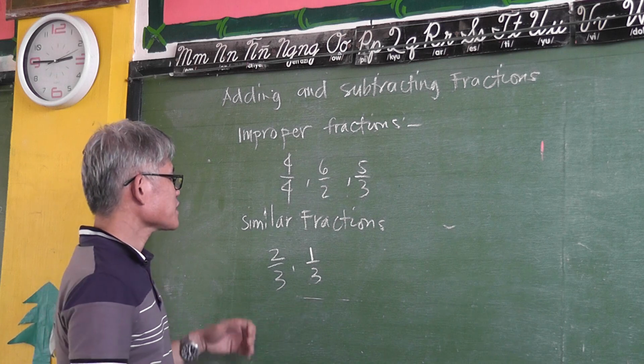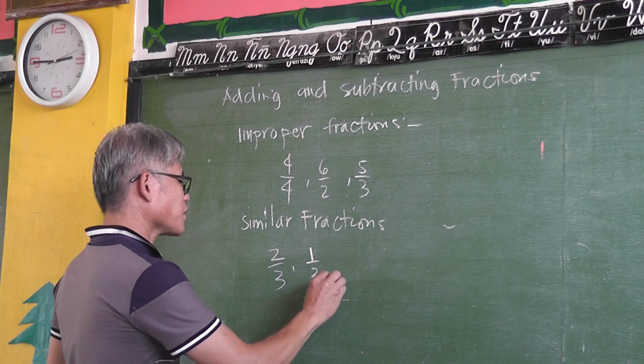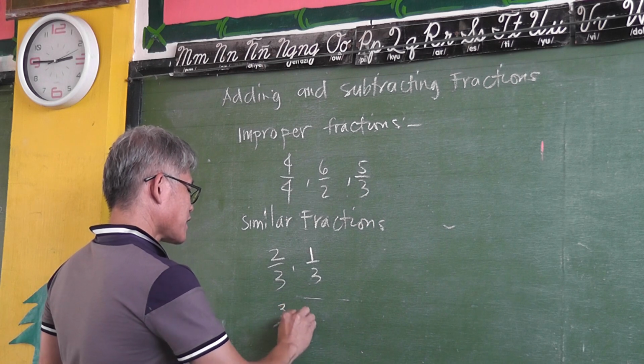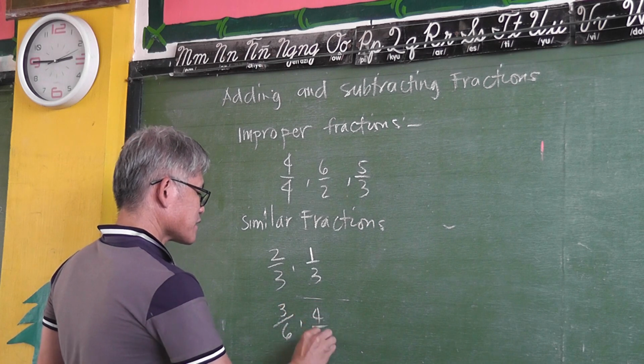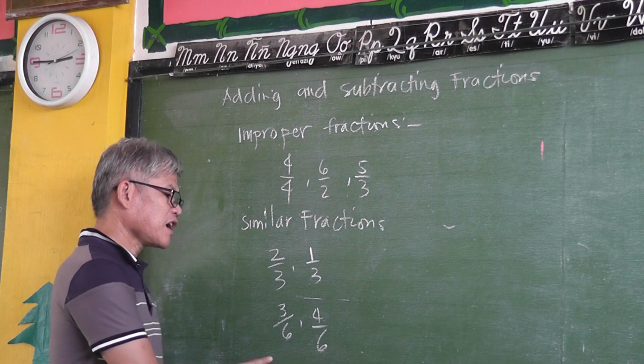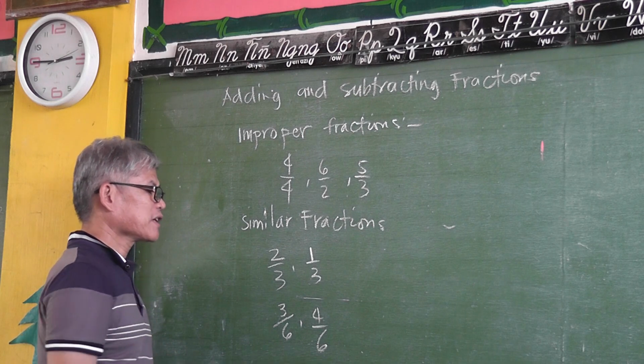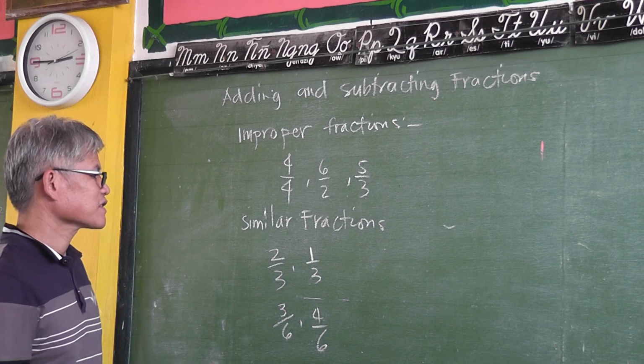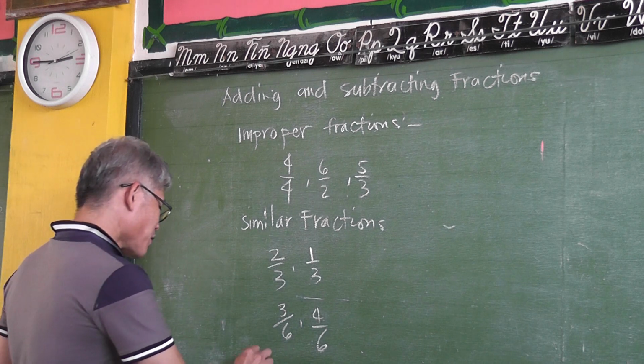So these are similar fractions. Another one is 3/6 and 4/6. They have the same denominator, but their numerator is lesser. Similar fractions.